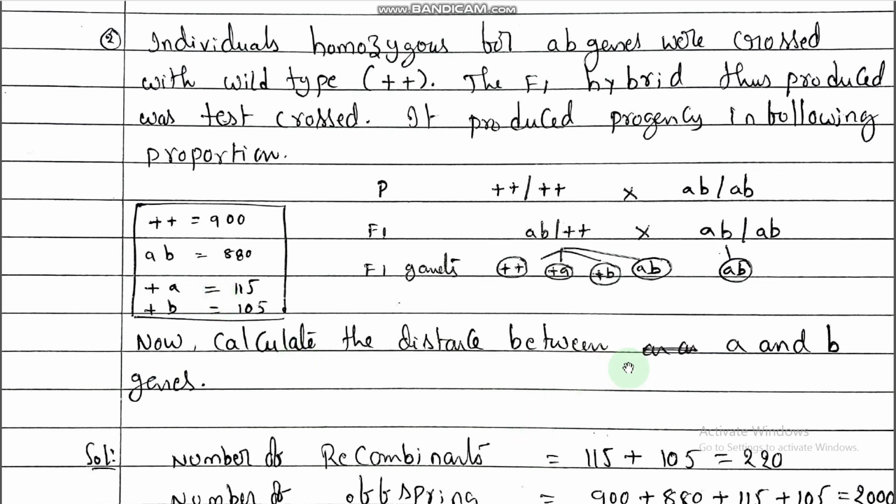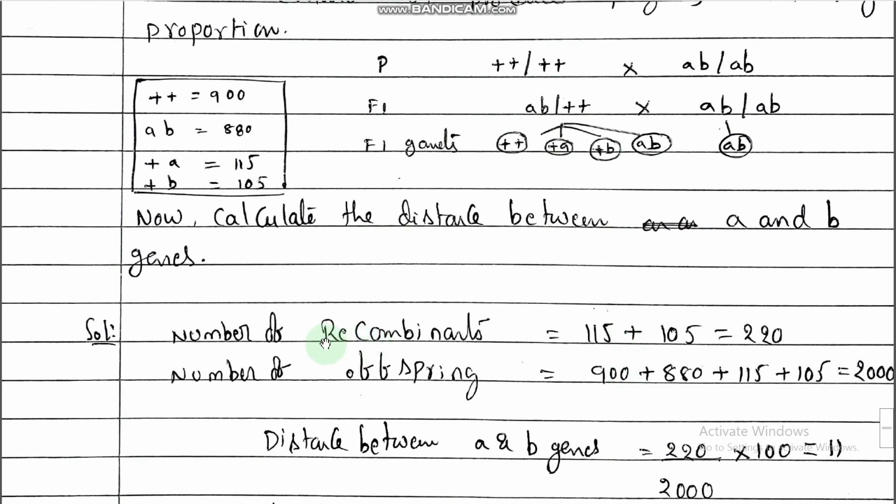Now calculate the distance between A and B. So let us see the solution. The number of recombinants as per the given data: how many recombinants are formed? 115 plus 105, plus a and plus b, only these are recombinants. These are pure parental characters. These two are recombinants, right? 115 plus 105 is equal to 220.